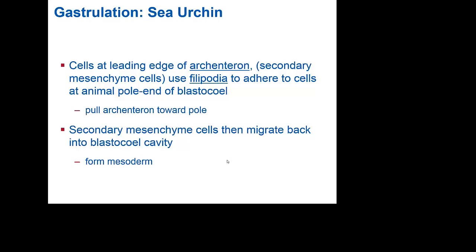Those cells are actually guided by several different cells so that they actually form a straight track. So when we start forming this digestive tract, we want it to go straight through and make a nice path. We don't want your digestive tract to start out and make a right turn. This would suggest that your mouth or your anus is coming out of your side when we finally develop you.